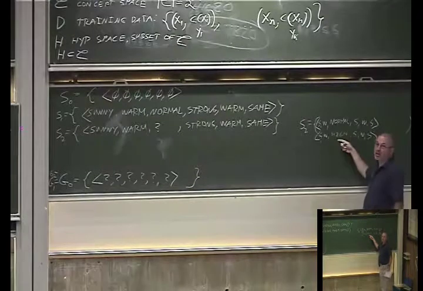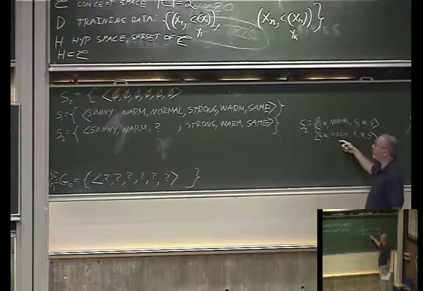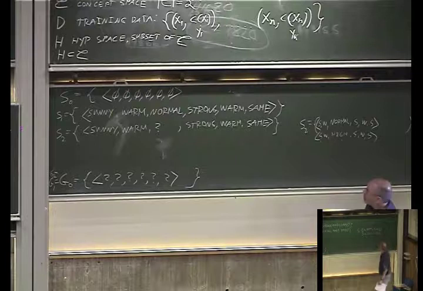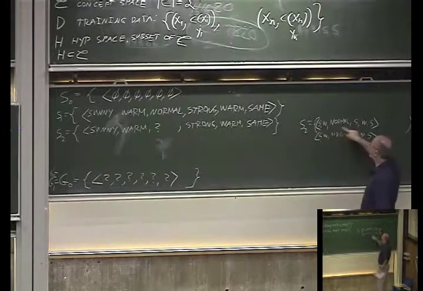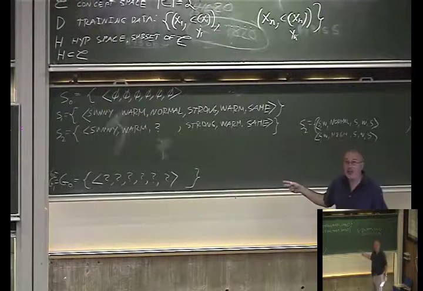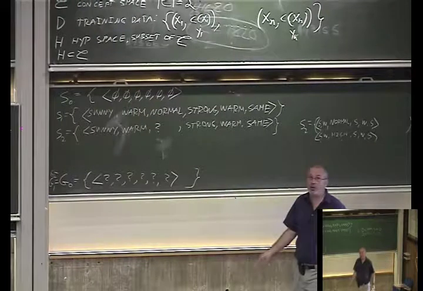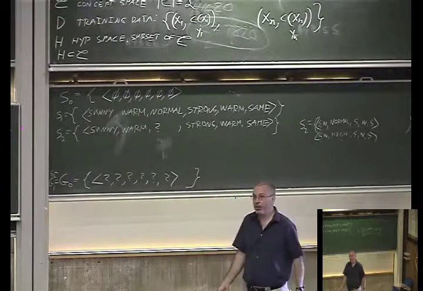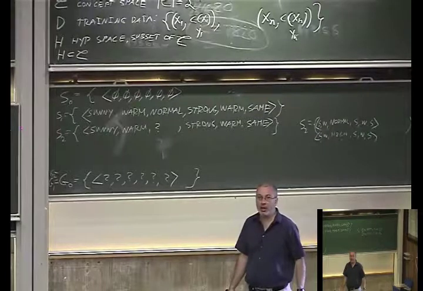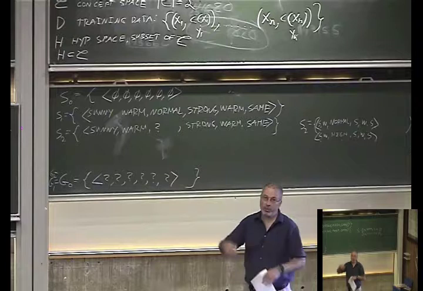Is this function consistent with the training data seen so far? No, it's not consistent with the first example. So these two hypotheses are no longer members of the version space. S and G must consist of only members of the version space, and only the extreme members.